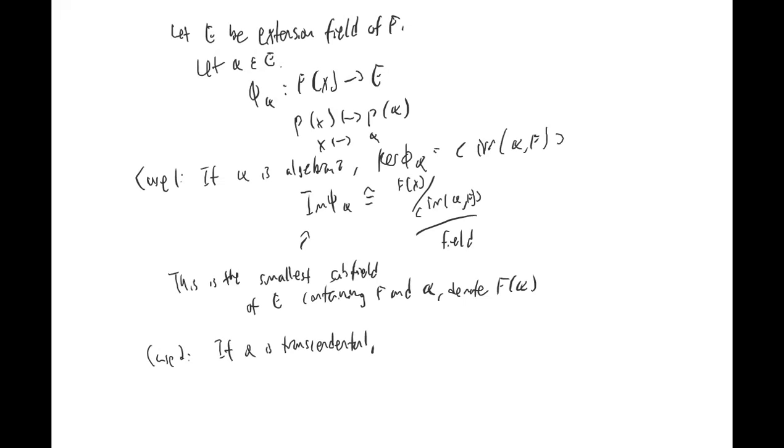So the kernel of phi alpha is just zero. So in that case, the image of phi alpha is isomorphic to F[x] quotient the kernel, but this is just zero, so this is just isomorphic to F[x], right?